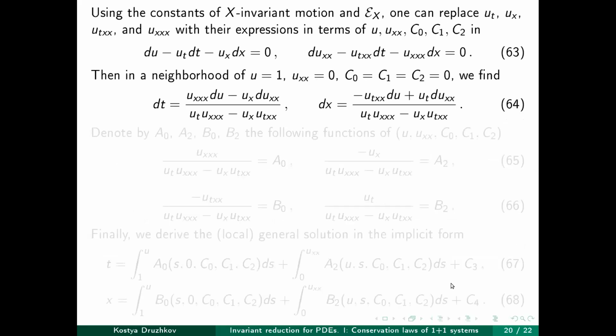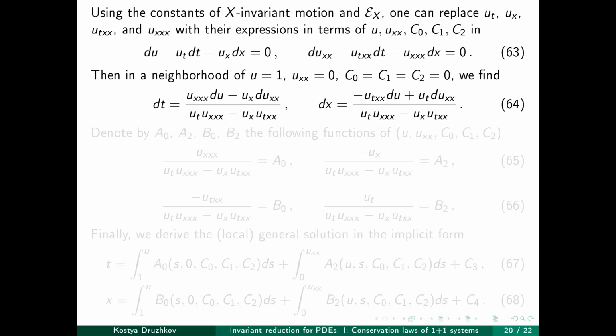Locally, it works at least. And using the constants of x invariant motion and the equations of our system, one can replace ut, ux, utxx, and uxx with their expressions in terms of our variables and constants in formula 63, this partial system or contracted system.